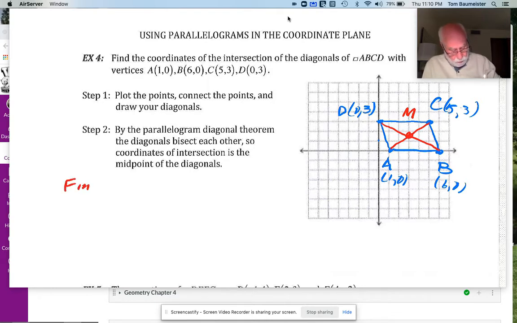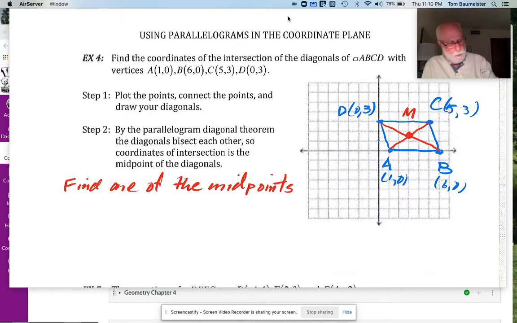And that's all we need because we know that they bisect each other. So I'm going to find the midpoint. Remember, I just called it M of AC.